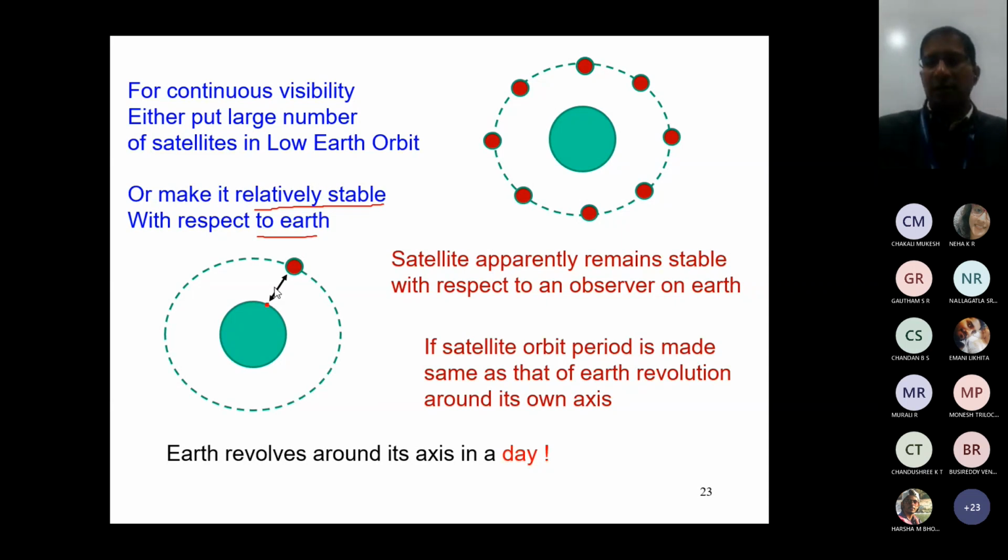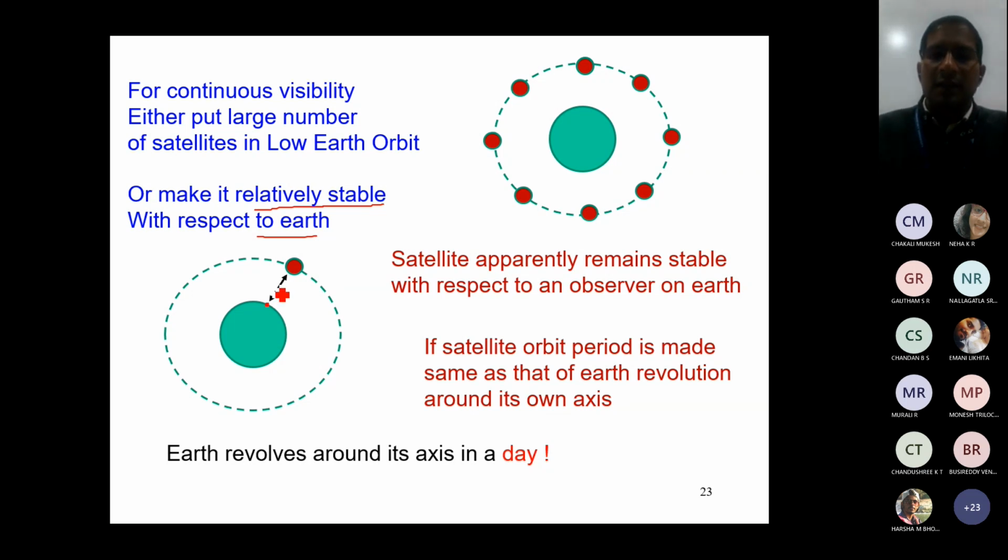One of his legs is on one bike, the other leg on the other bike, and he is standing without any disturbance. So how is it happening? Ajay Devgan is relatively stable, and it happens only because the two bikes are relatively stable with each other. Because when two bikes are moving at equal velocity, the relative velocity becomes 0. So they are relatively stable.